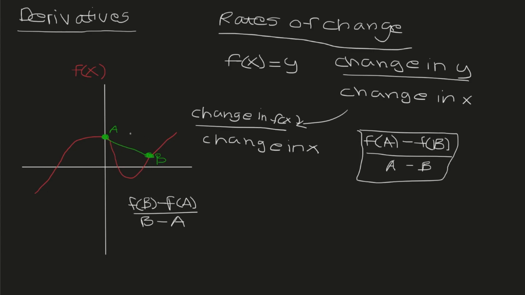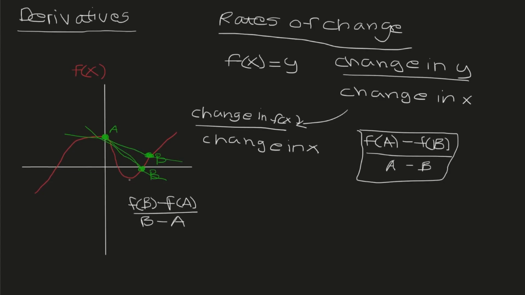To make that better, let's make those points closer. So instead of point B being over here, let's make this point B. That's a wacky line, but as you can see, it's steeper and a bit more representative of what we have here.